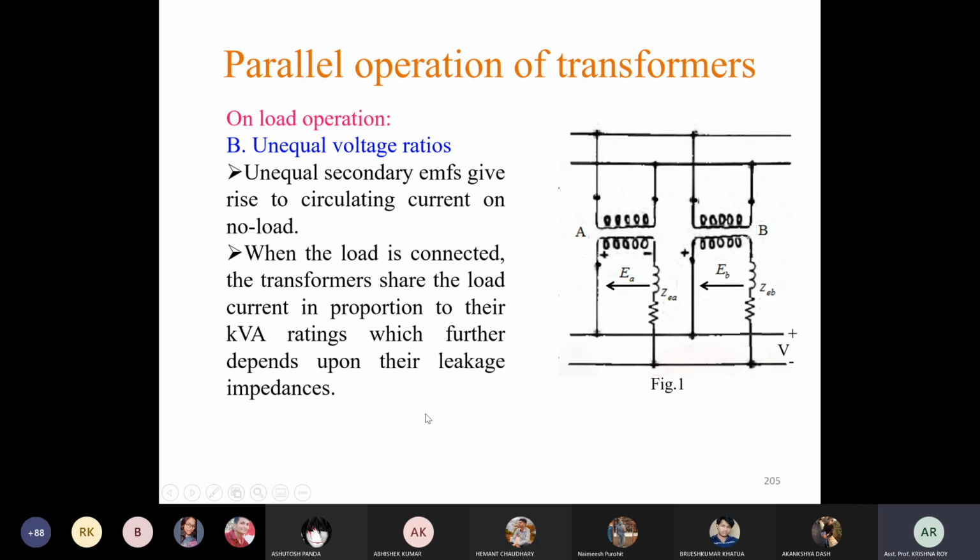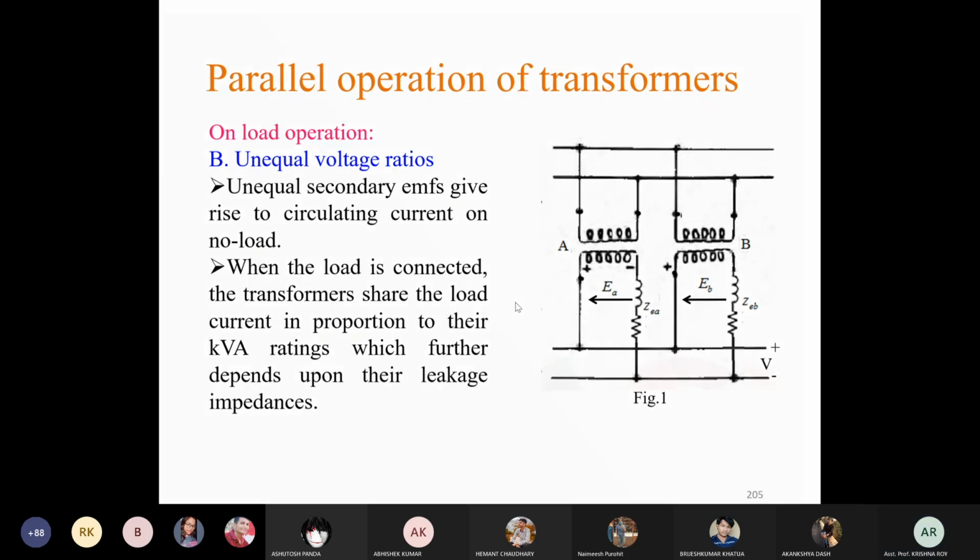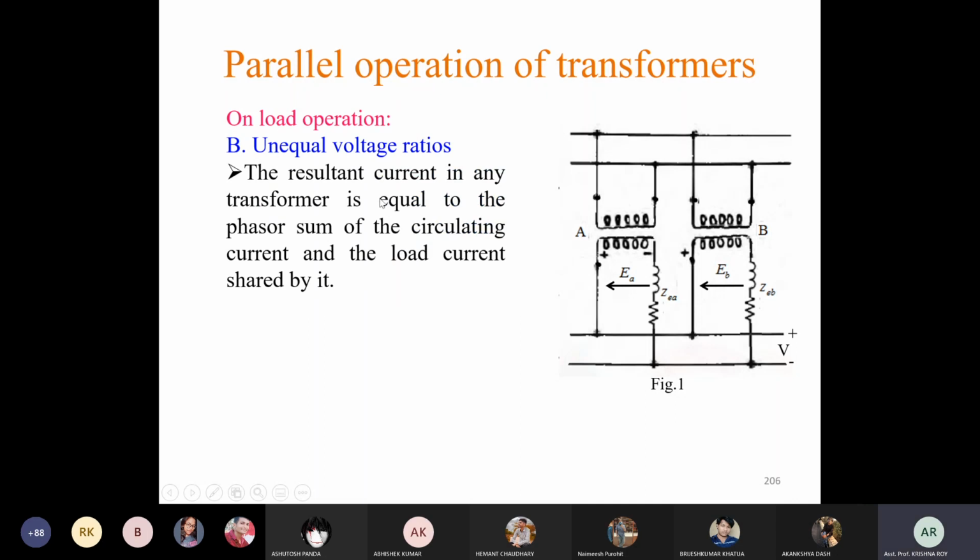This also we know, and that depends on their leakage impedances. The resultant current in any transformer is the phasor sum of the circulating current and the load current shared by it. So this IC will act as a load to that particular transformer also. The load shared by any transformer is the actual load current plus the circulating current.